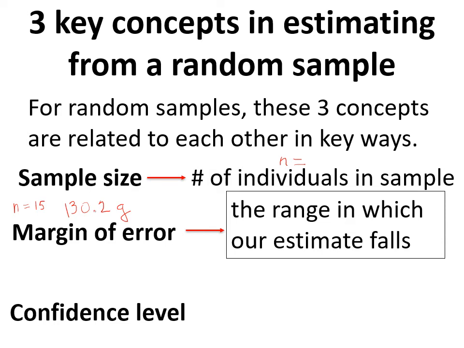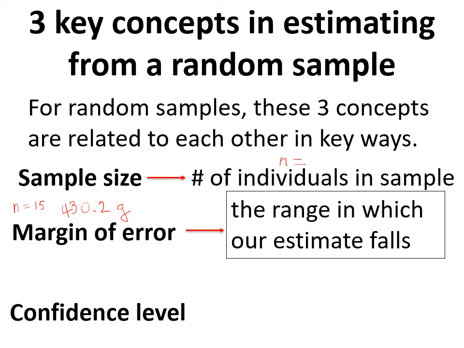So these are big frogs, almost a pound. These are pretty large frogs. So that 430.2 grams would be our mean or average weight for all 15 of those frogs. You take all 15 frogs, add each of their weights together, divide it by 15, it would give us this.